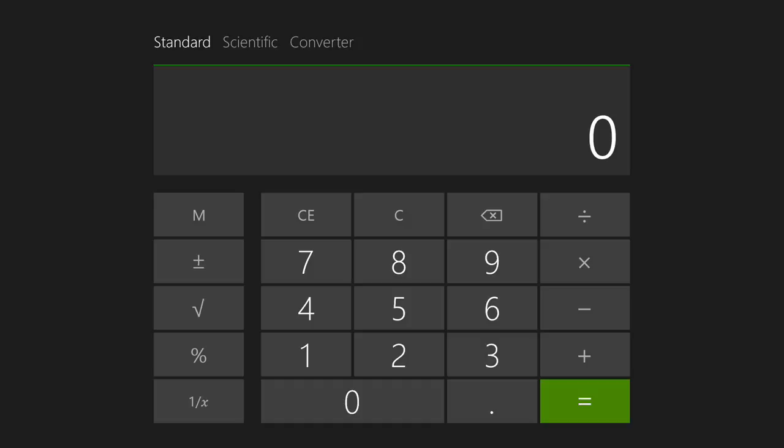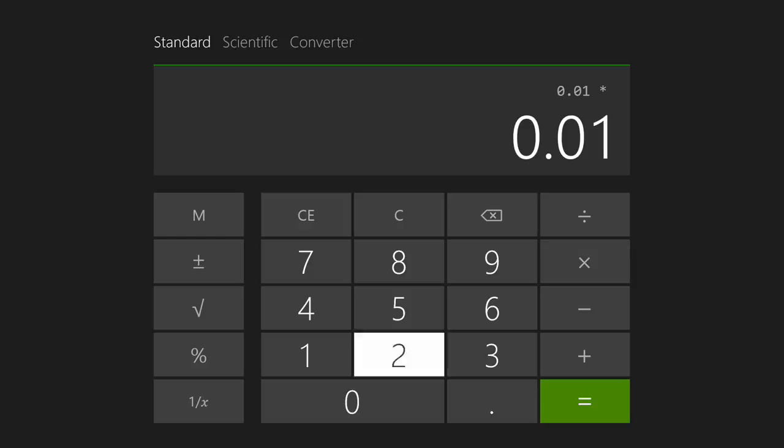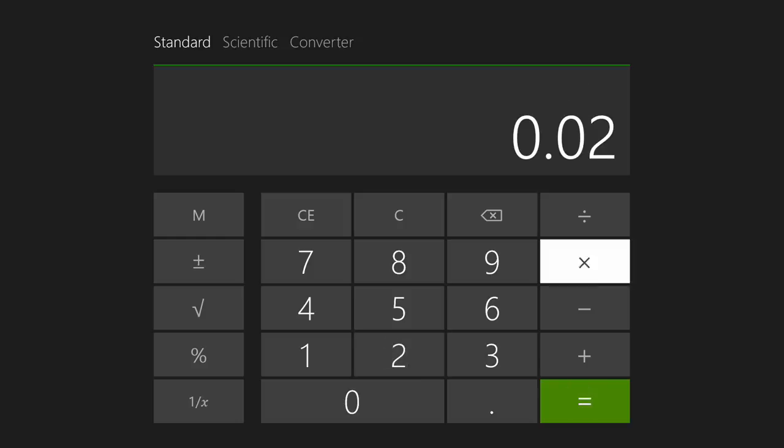So let's start with a penny, or 0.01, and now let's double this amount of money for 19 days. So on the first day we have a penny times 2, so there's 2 cents on the second day, times 2, 4 cents on the third day, and we will do this for 19 days.